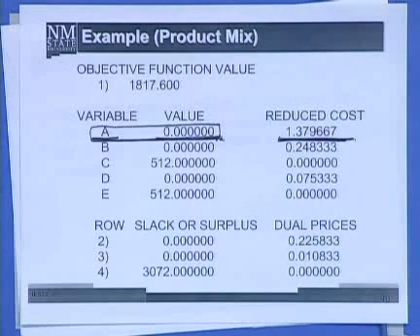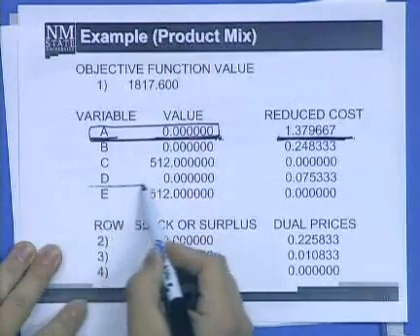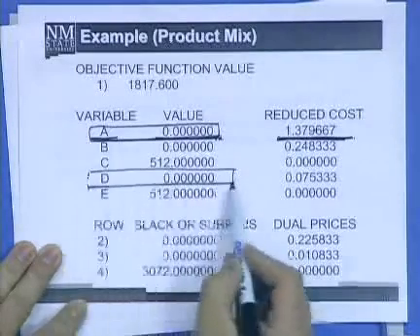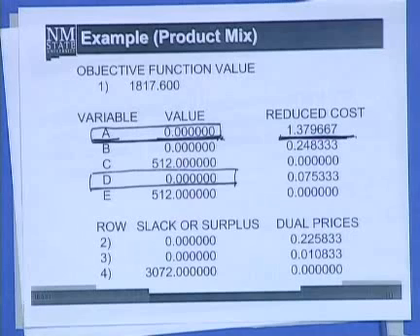Okay, now let's suppose you want to produce 100 pounds of product D. Currently, the optimal solution tells us we should not produce product D. But what if you want to produce 100 pounds of product D?